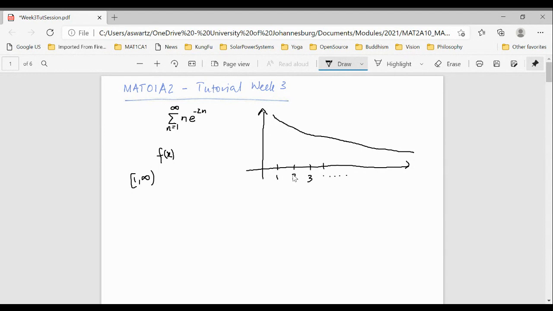And this function must also have the property that at all the natural numbers, the value of the function must be the same as the value of the sequence that generates the series.